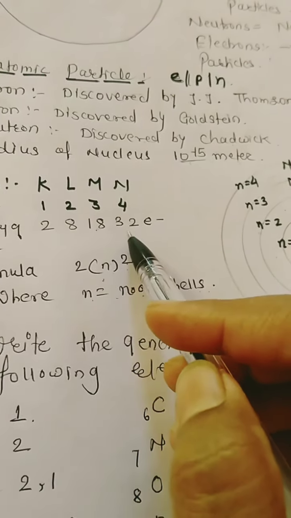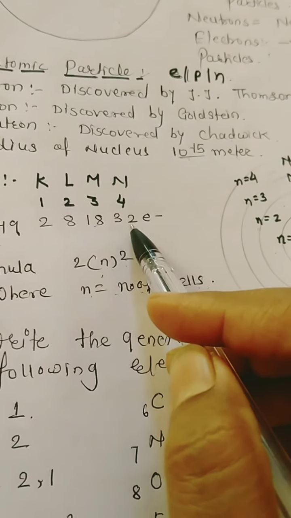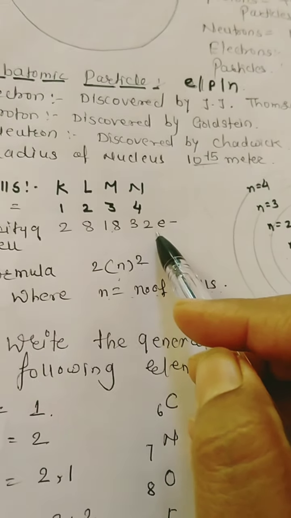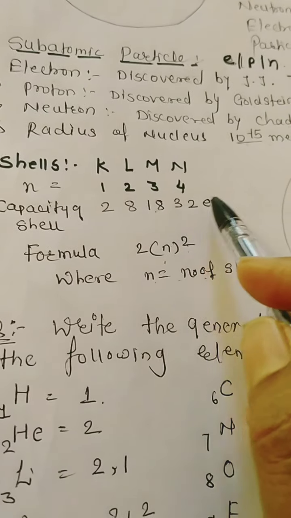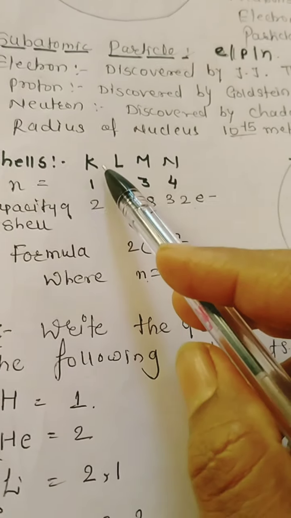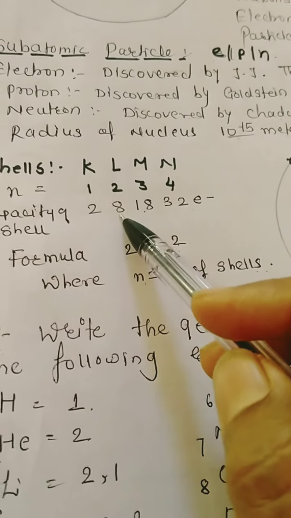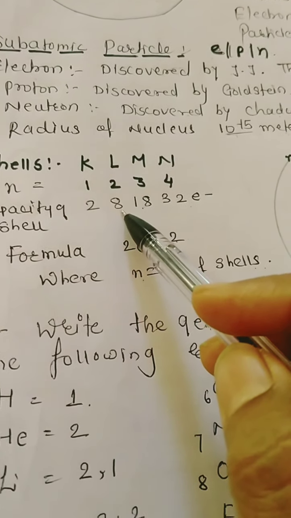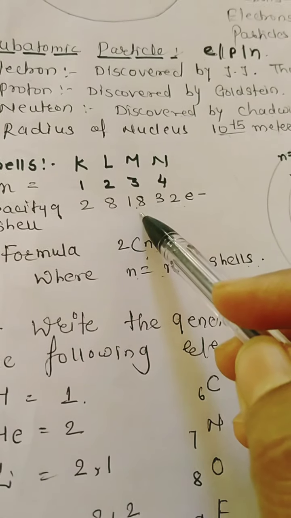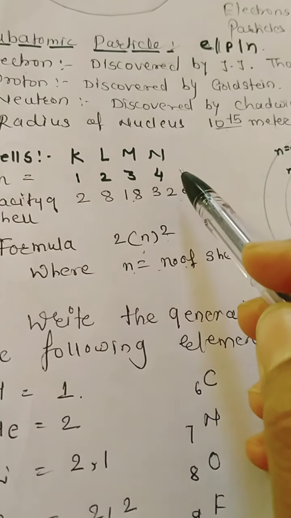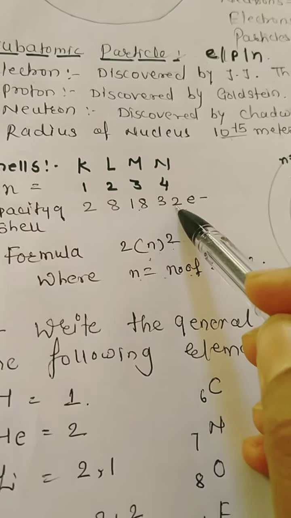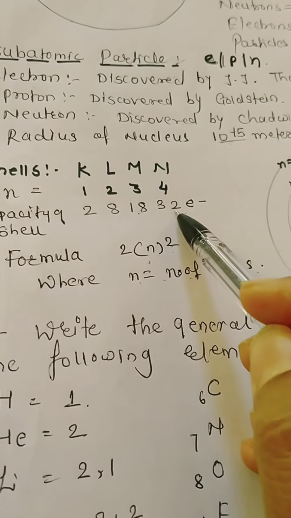If n is equal to 4, then we will get 32 electrons in the fourth shell. Okay, so those were the capacities of the shells. Means first shell consists of maximum 2 electrons, second shell maximum 8 electrons, third shell maximum 18 electrons, and fourth shell maximum 32 electrons.